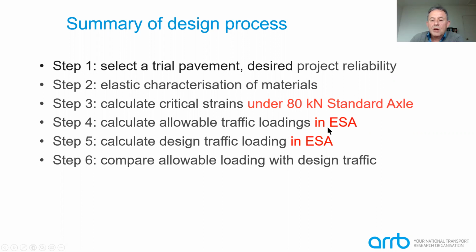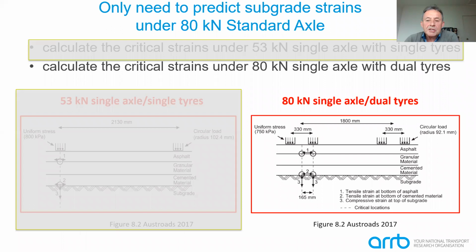From that, we calculate the allowable loading in equivalent standard axles and compare that to the design traffic in equivalent standard axles. So in this case, there's only one critical strain that we need for the calculations. We don't need to calculate or estimate the strains under each axle group load of each axle group type, just a single value of strain under one load of one axle group.